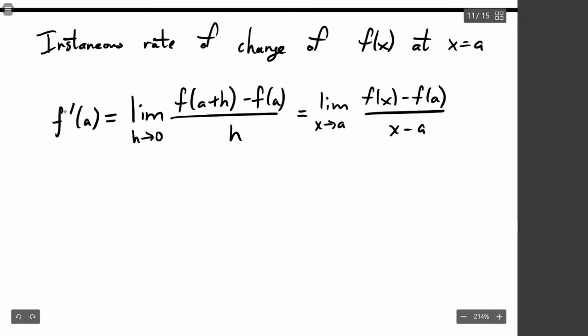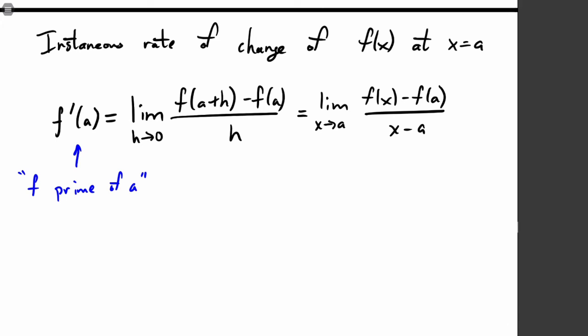Right? This little apostrophe here that goes on the function, we call that prime. Right? So this thing here is f prime of a. Right?